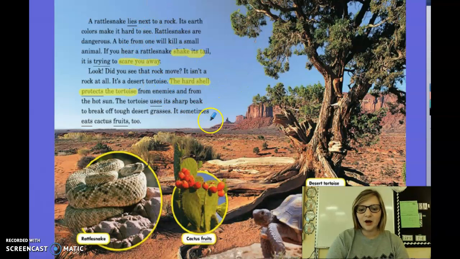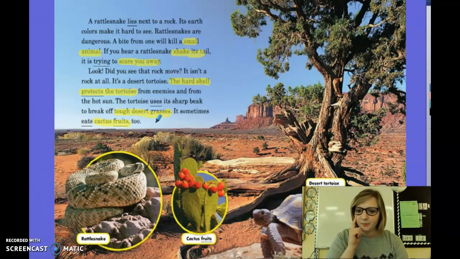Rattlesnakes eat small animals. What does the tortoise eat? Well, it says here it uses its sharp beak to break off tough desert grasses. And what else does it eat? Sometimes it eats cactus fruits. So the rattlesnake and the tortoise eat very different things.